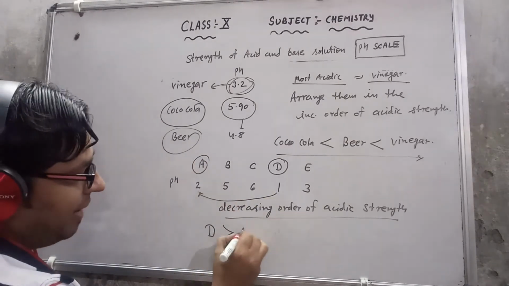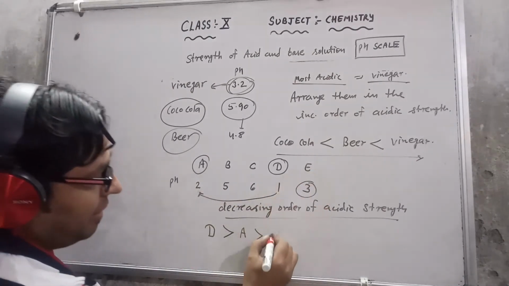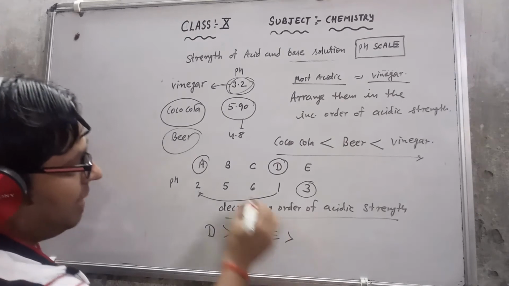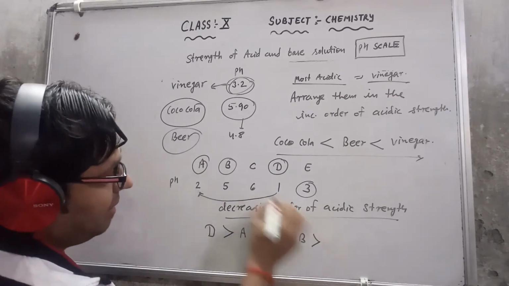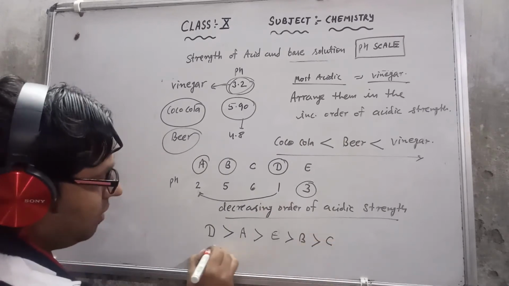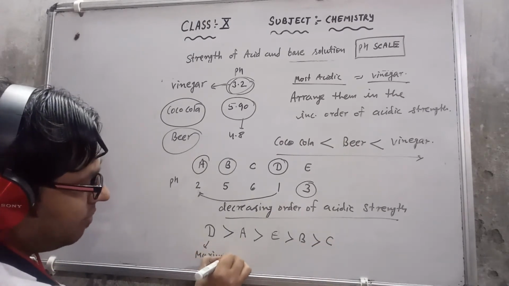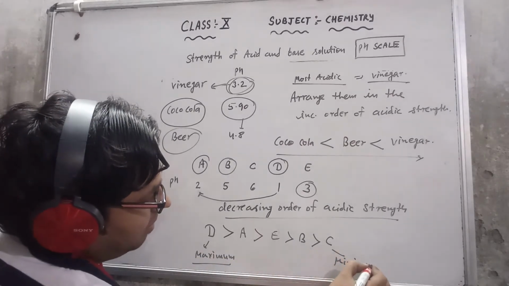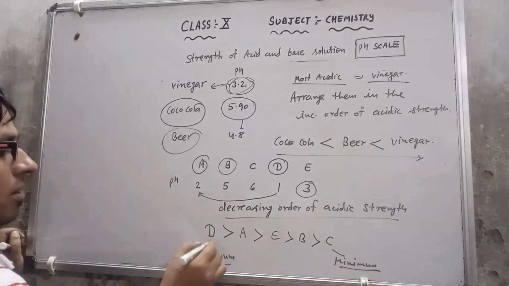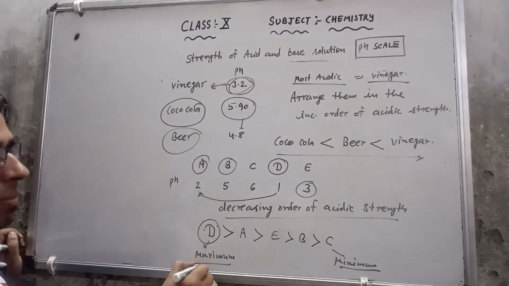So this is A, then 3 that is E, then 5 that is B, and then 6 that is C. This means D is the maximum acidic and C is the minimum acidic, because D's pH value is minimum, so it shows the maximum acidic character.